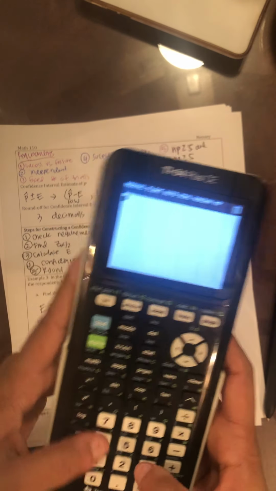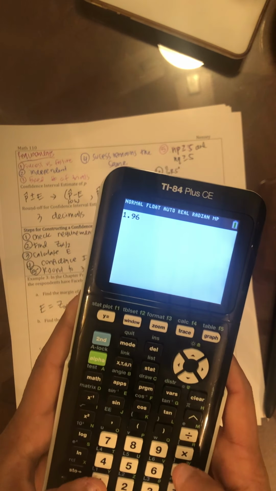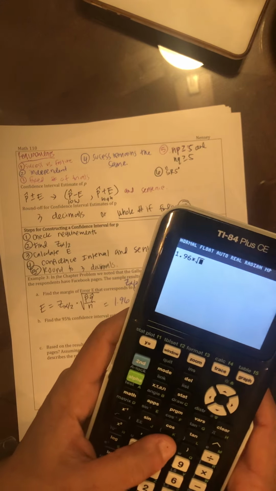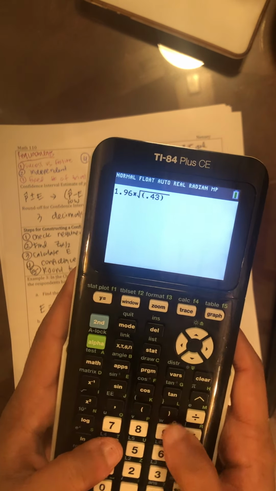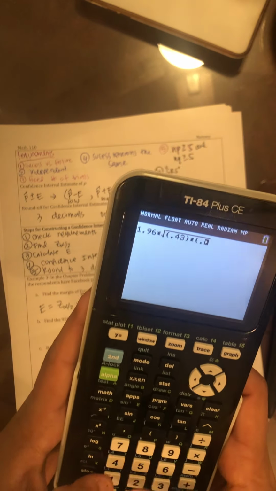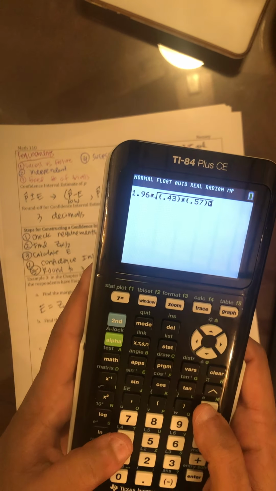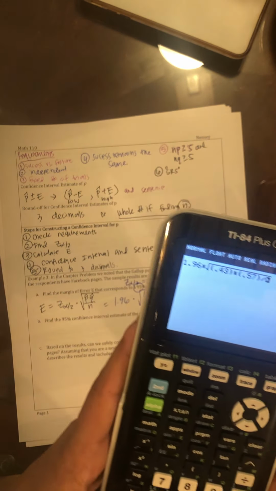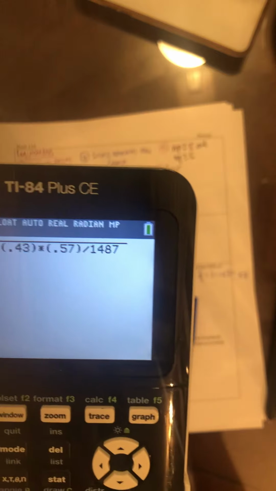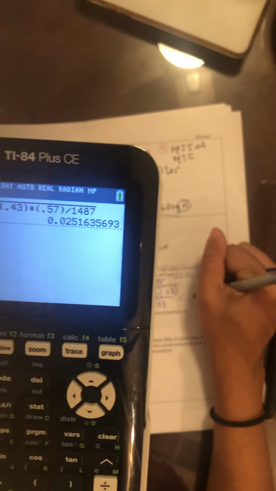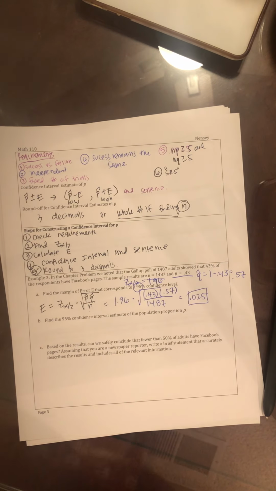So I do 1.96 times the square root of parentheses 0.43 times 0.57, close parentheses, divided by 1,487. Look, the radical goes all the way through, so make sure you get that. Rounding to 3 decimal places, we get 0.025.